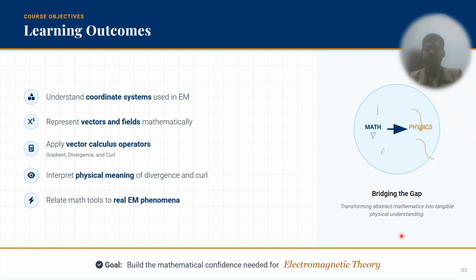Abstract mathematics, when we apply it to EM theory, is converted into things that we can understand. So that is important. The goal is that mathematical confidence is required for understanding electromagnetic theory. So calculus, the fundamental mathematics, you need to understand.